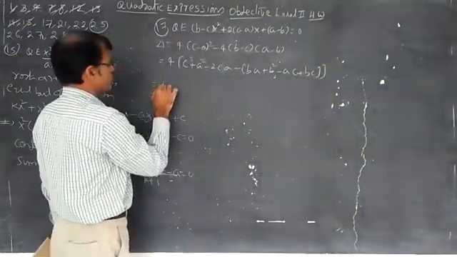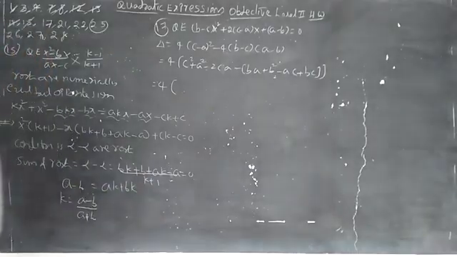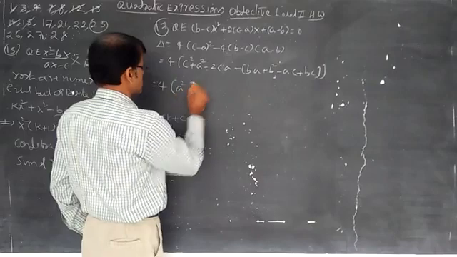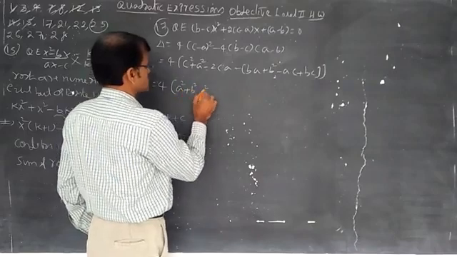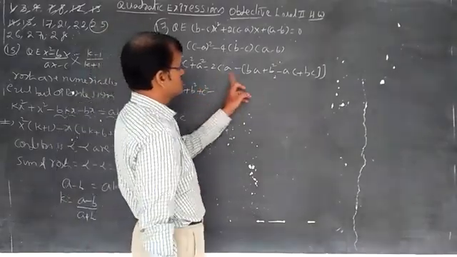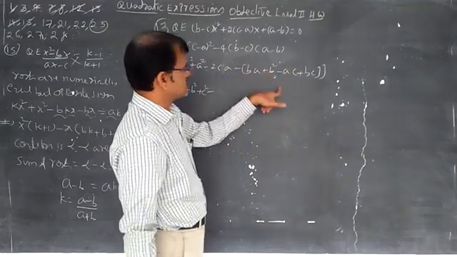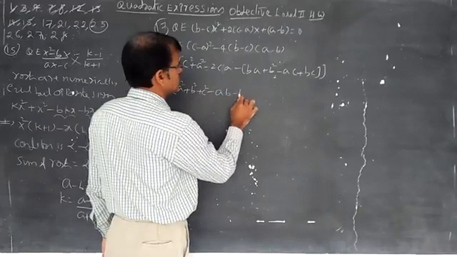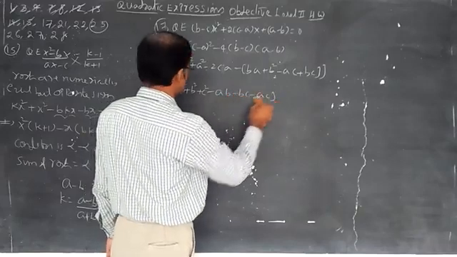That is equal to 4 times, I think in level 2 class we have done the same model question, a² + b² + c² − ab − 2ac + ac becomes minus ac, and minus bc. So minus ab minus bc minus ac.